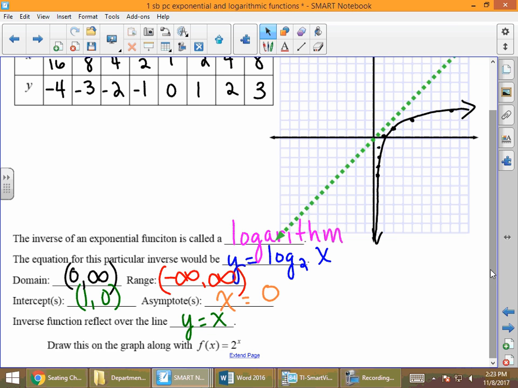And let's put in now our original graph, because what it lastly says, it says draw this graph along with f of x equals 2 to the x.